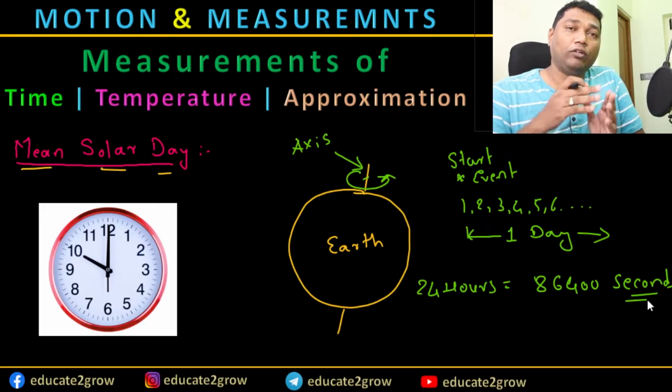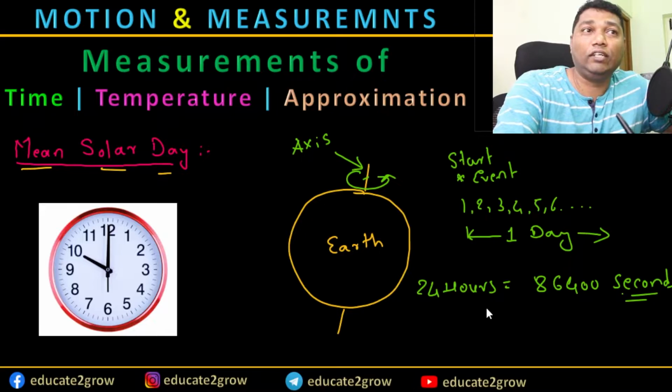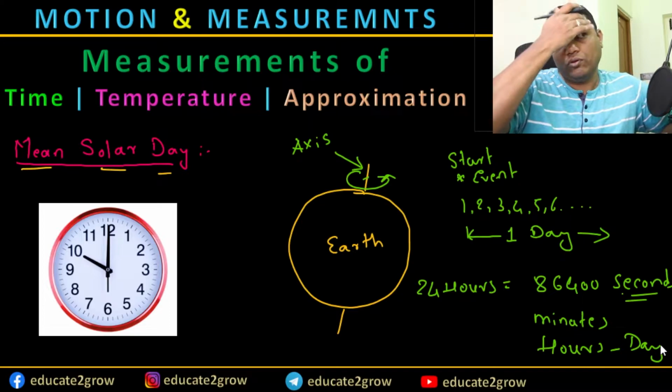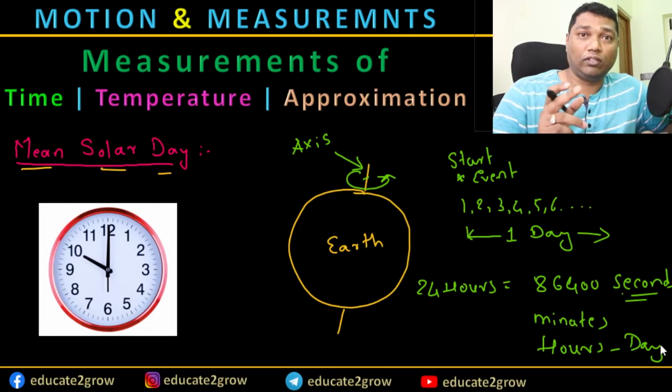But to simplify daily life, we have converted the seconds into minutes, then hours, then days, and so on. So the mean solar day means a complete 24 hours equals one mean solar day.